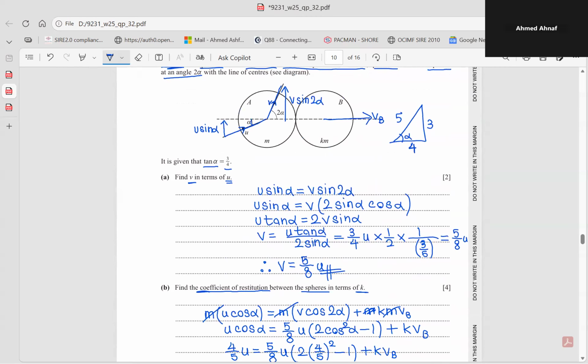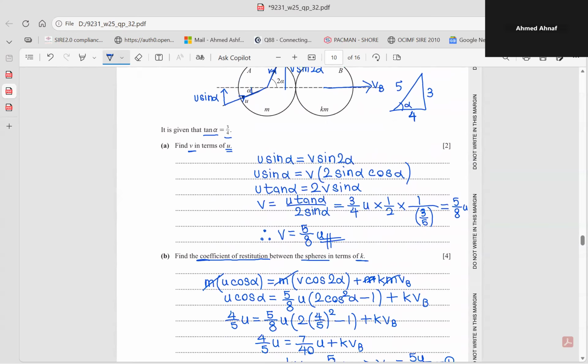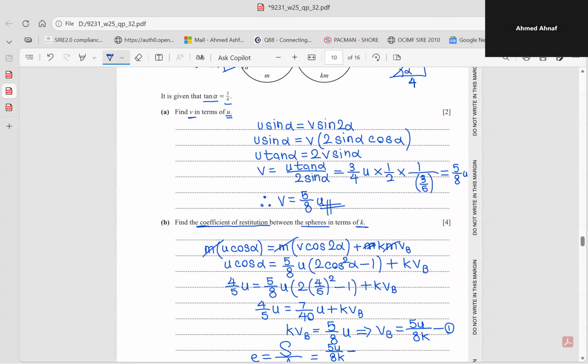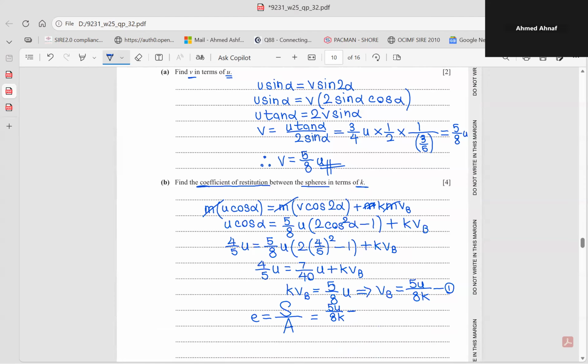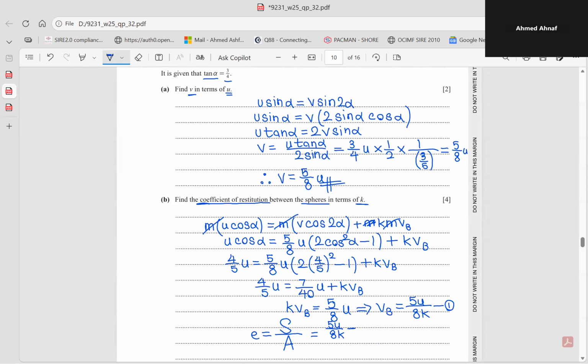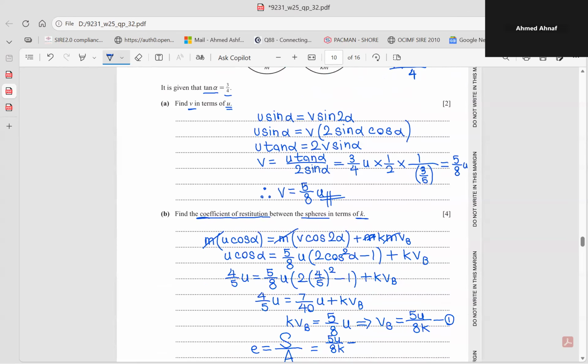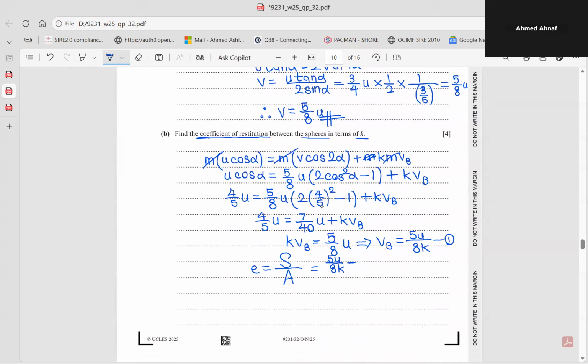VA is just v cosine 2 alpha, which you already found right here. It's just 7 over 40 u.